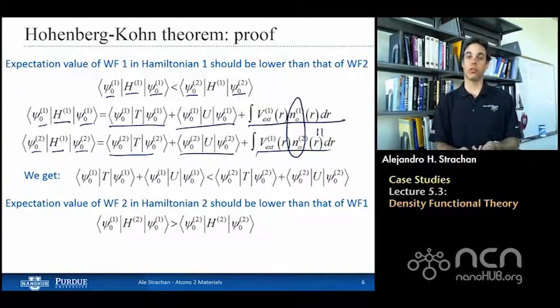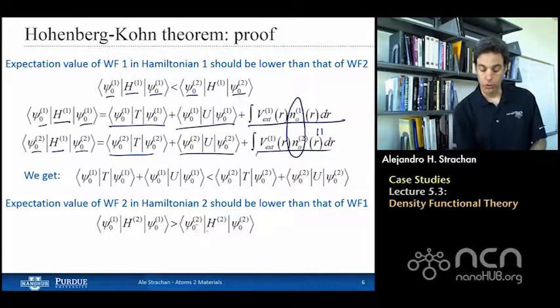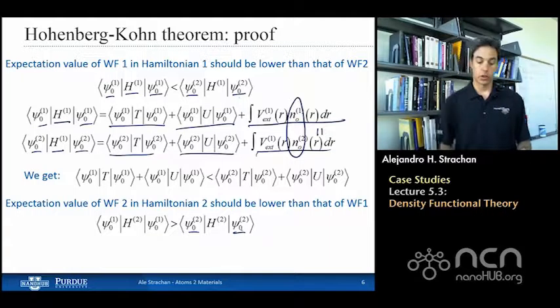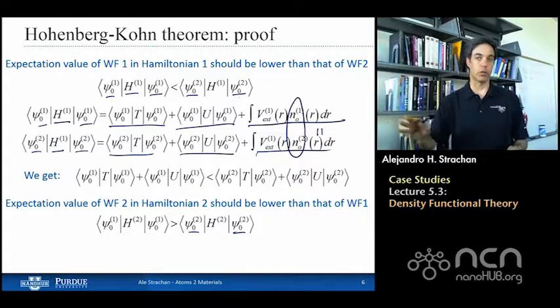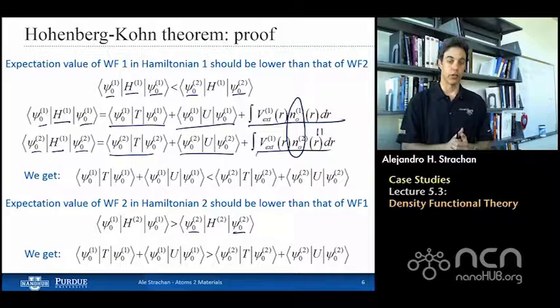Now, what if I do the same thing, but I use Hamiltonian 2? If I use Hamiltonian 2, then of course wave function 2, which is its own ground state wave function, will have lower energy. So the sign there is changed. I make the same argument that I did before: the external potential cancels, and I get this relationship.